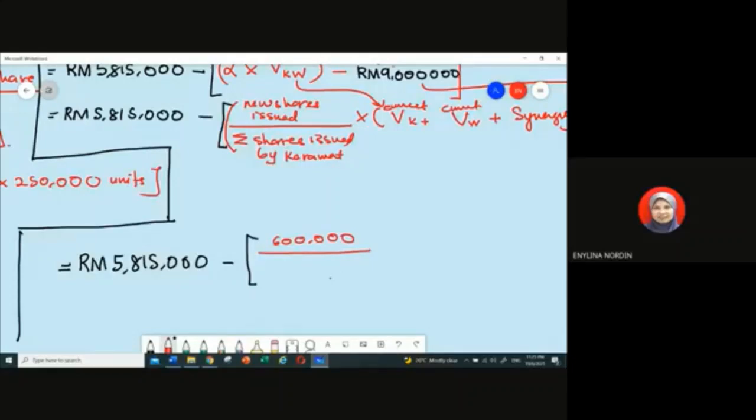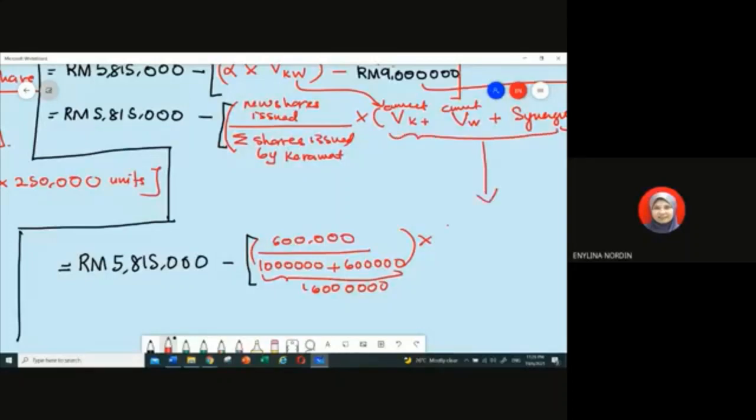It becomes 1 million plus 600,000, so now it becomes 1.6 million. No more 1 million. And then you multiply by this portion, that is the value of the combined firm.